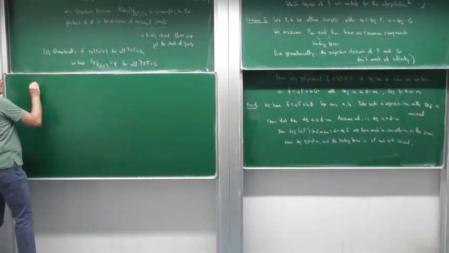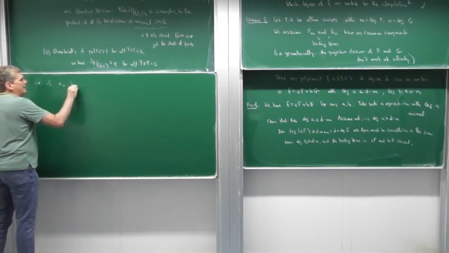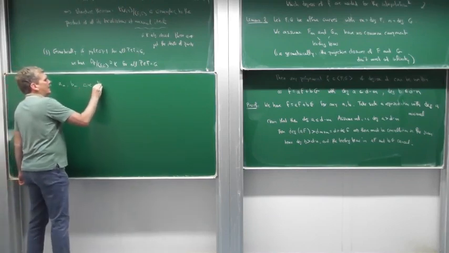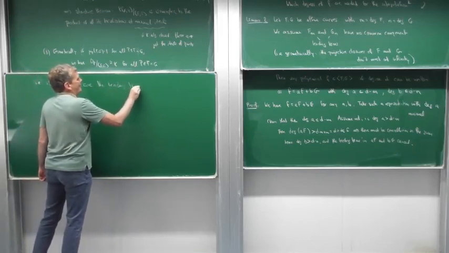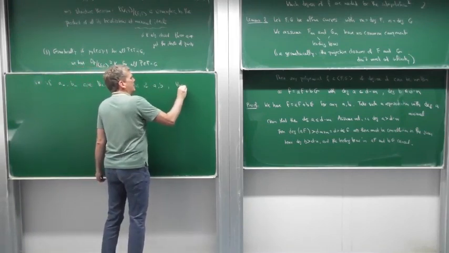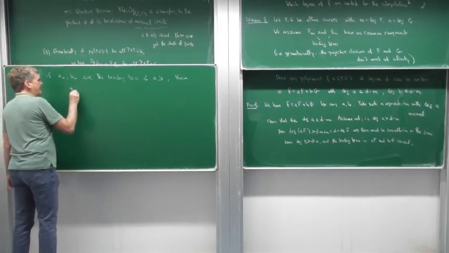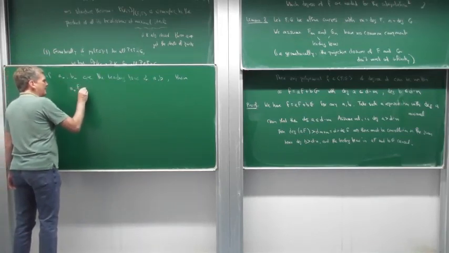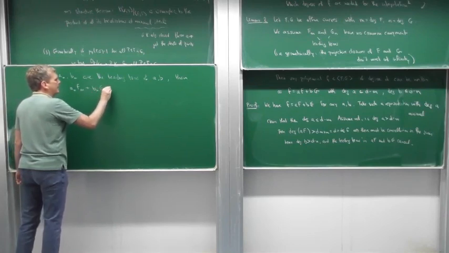So if A star and B star are the leading terms of A and B, then we must have that the leading term of AF, which is A star Fm, plus the leading term of the second, so B star Gn, is equal to 0.